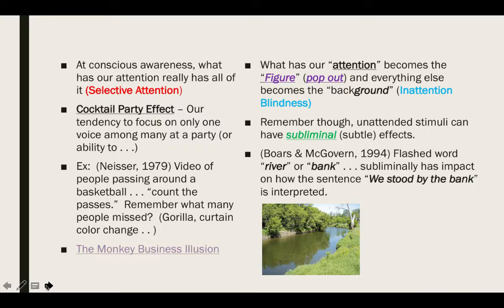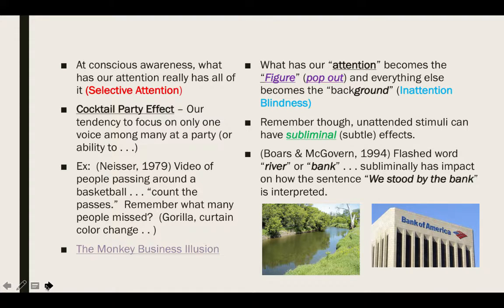Depending on what word you saw ahead of time, subliminally, you may draw a picture of a slow meandering river or somebody standing in front of a bank at an ATM machine, for example. So inattention blindness does occur, but those unnoticed stimuli might have a subtle fleeting effect on our perception.